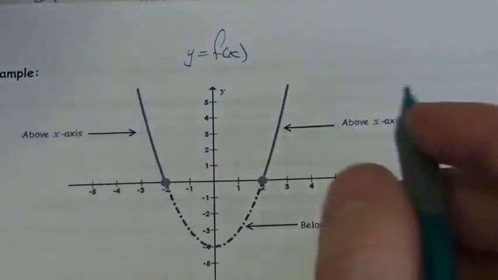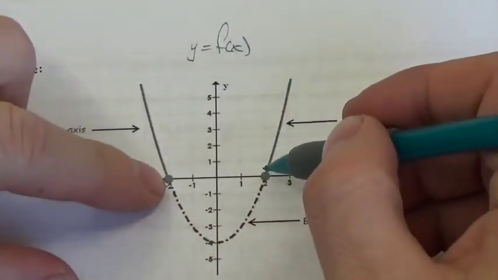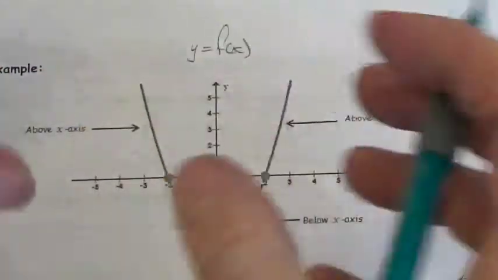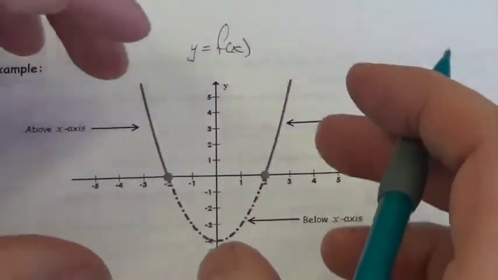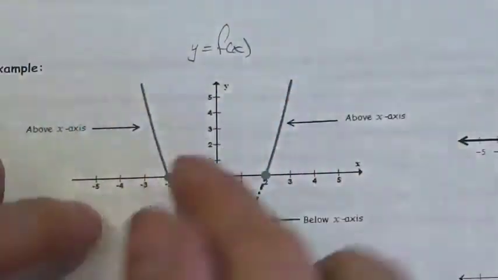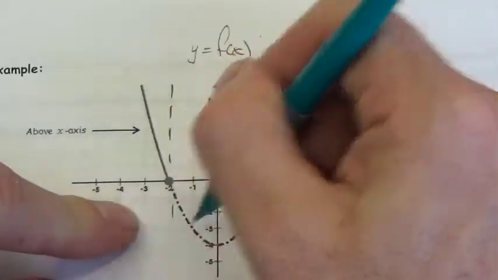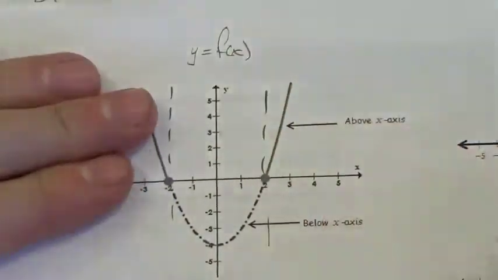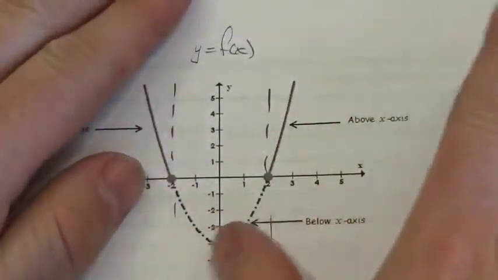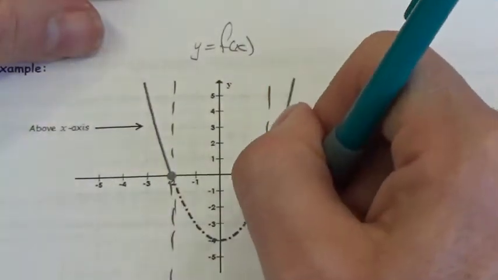The solid line that they've got written here indicates where the parabola is above the x-axis, which means whatever the function is, whatever the machine is that's crunching away with the x values, when you plug in the x out here and here, the results are going to be positive. In between, the results are going to be negative.